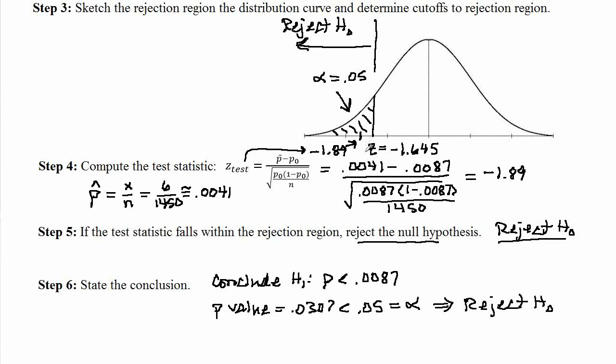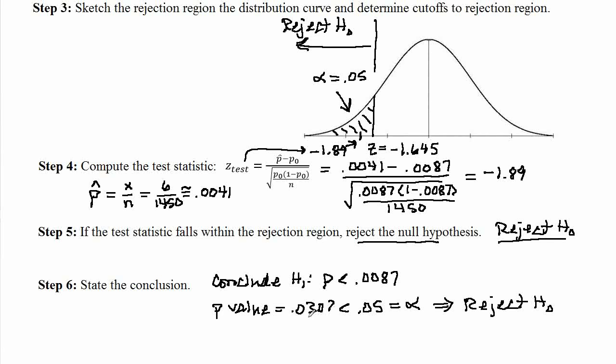So again, when you do it from p-values using StatCrunch and you see that p is less than alpha, geometrically what that means is that your test statistic falls in the rejection region. So you're rejecting the null hypothesis. Because it's meaning that this is the area that's to the left of negative 1.89, and the 0.05 is to the left of negative 1.645.